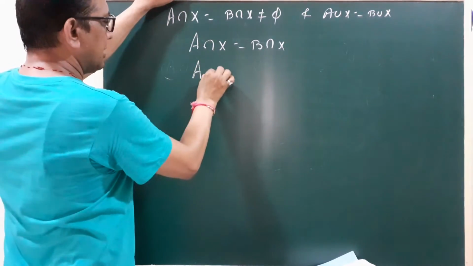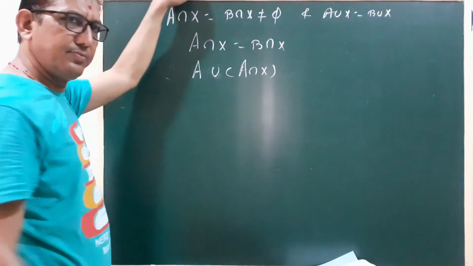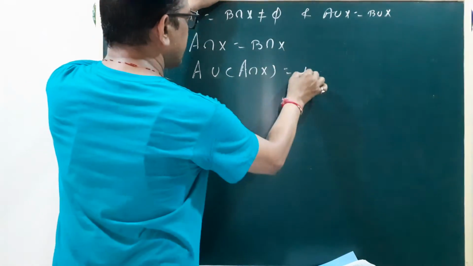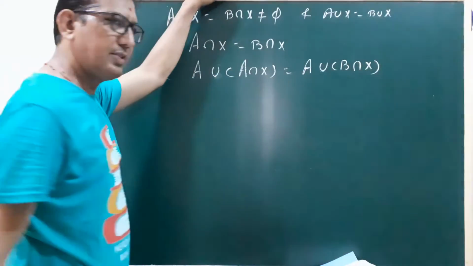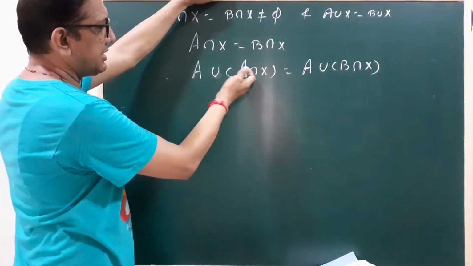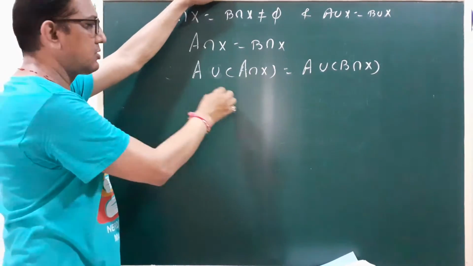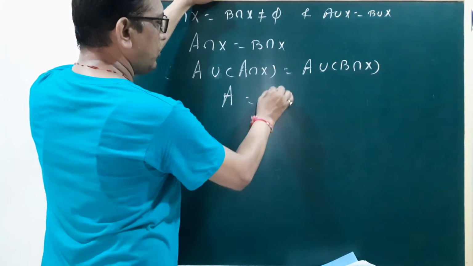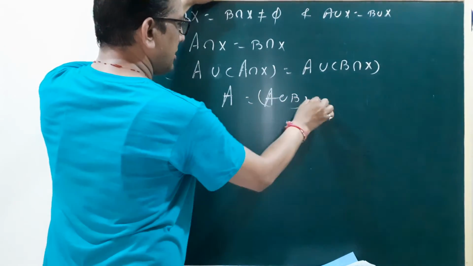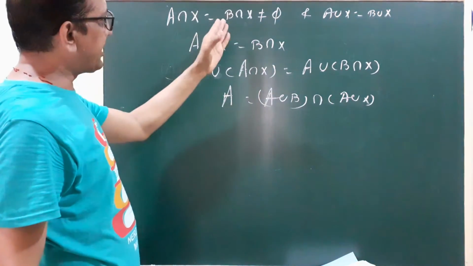Suppose we take union with A: A union A intersection X. Here A intersection X is the common element of A and X. Again we take union A, so the answer is A. Okay? Now apply the distributive law: A union B intersection A union X. Here we accept the intersection.